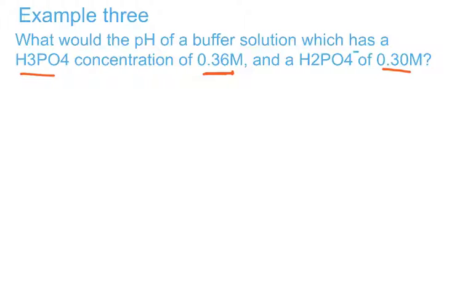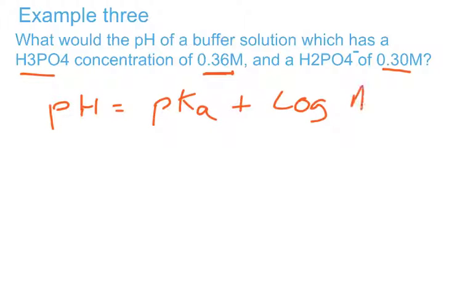Okay, so let's check it out. Let's write the Henderson-Hasselbalch equation again, which is pH equals pKa plus log of A minus concentration over HA. Alrighty.